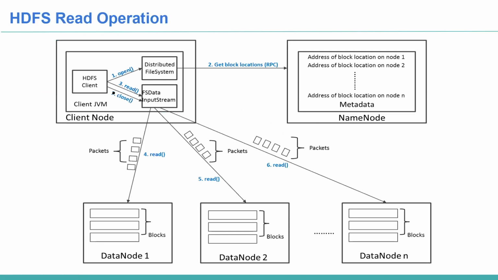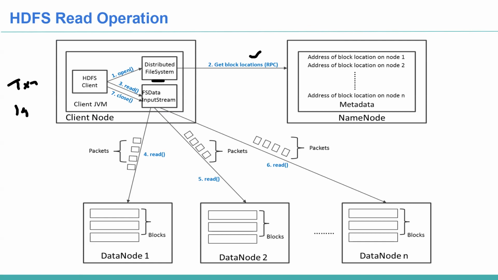Now what if an HDFS read is going to happen? Now we have all the data stored in HDFS. Now I have an application. Let's say we have a MapReduce application, and it wants to read the data. Then how will it read? So there would be an HDFS client which will connect to the HDFS file system. It will get the information about all the blocks from the name node. That okay, I have a file, transaction file, like I mentioned.